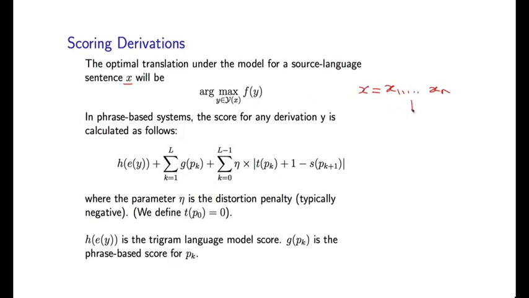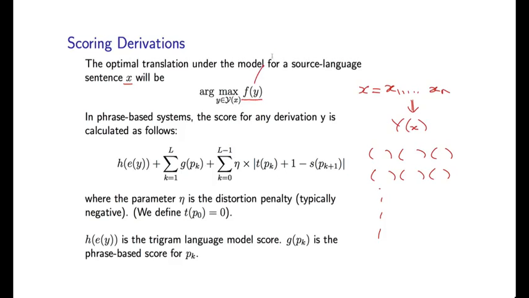We generate from this a set of valid derivations, so each of these is going to be a sequence of phrases. And this set, as I said before, could be extremely large. And the translation problem is to try to find the derivation in this set which has the highest score under some function f of y.